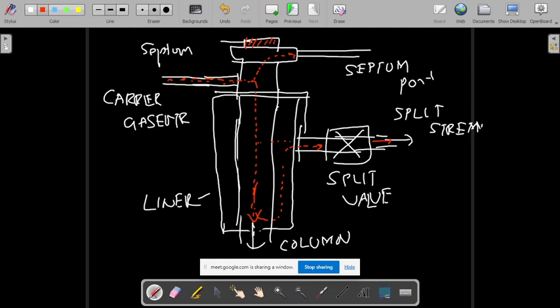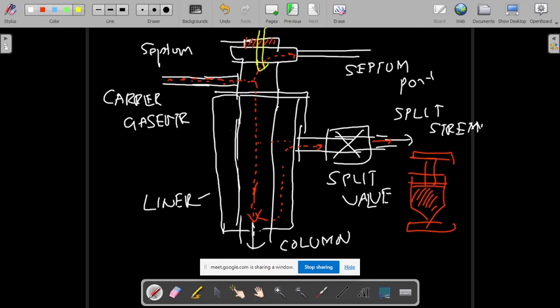Through the septum, you'll make an injection as with a typical injector. Here you have the sample, which you can think of as an injection kind of thing. It is injected into this part.